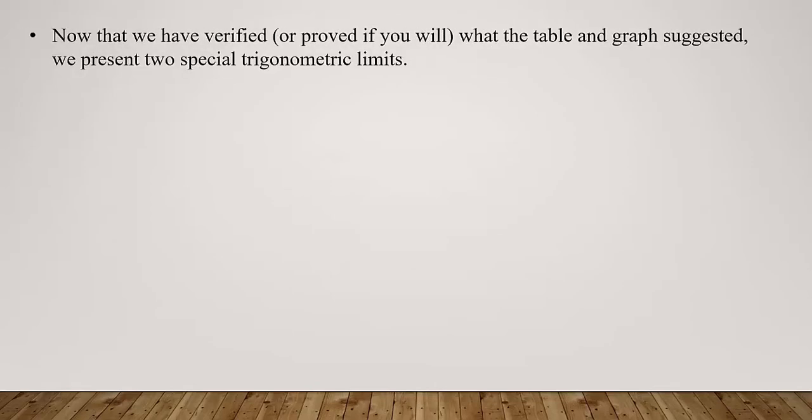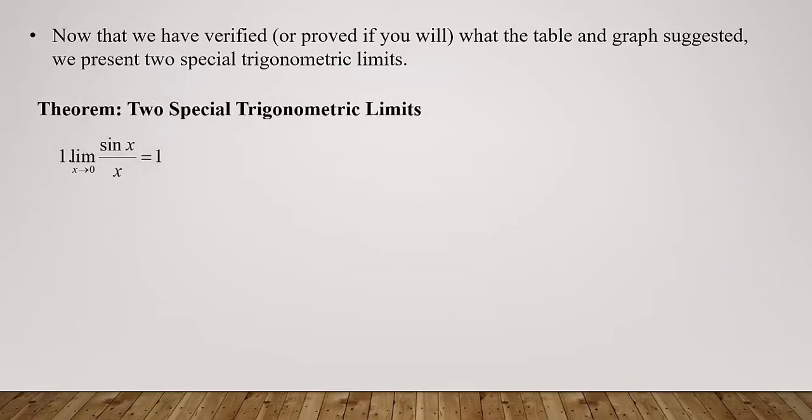All right, folks, we've verified or proved, if you will, what the table and the graph suggested about the limit as x approaches 0 of sine x over x. So at this time, I'm going to present a theorem that's going to formalize these two special trigonometric limits. First part, the limit as x approaches 0 of sine x over x equals 1.